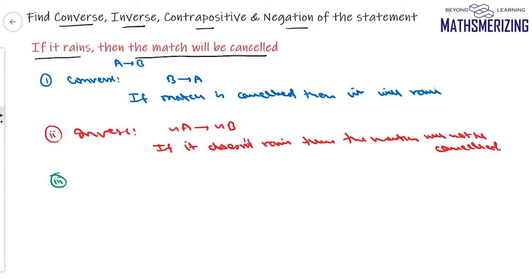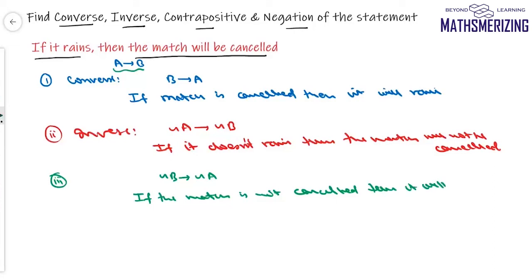We know that contrapositive of A implies B is not B implies not A. So if I have to write contrapositive for this statement, then it will be if the match is not cancelled, then it will not rain.